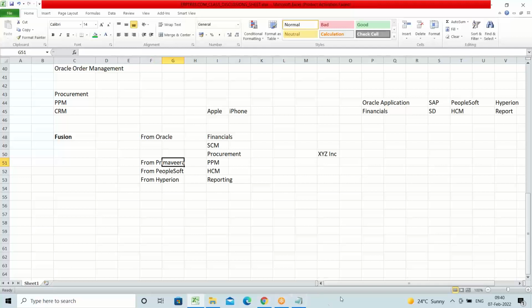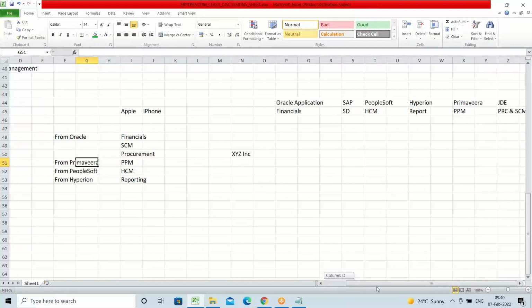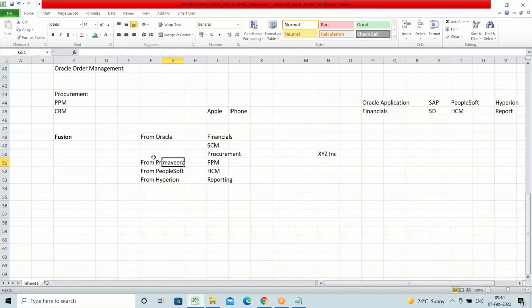And some procurement and SCM solution is good from JD. Okay, JD Edwards. And here, this they took some part from JD and from Oracle also. Oracle also, whatever good that they taken.